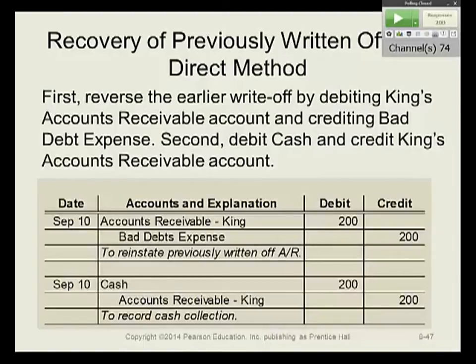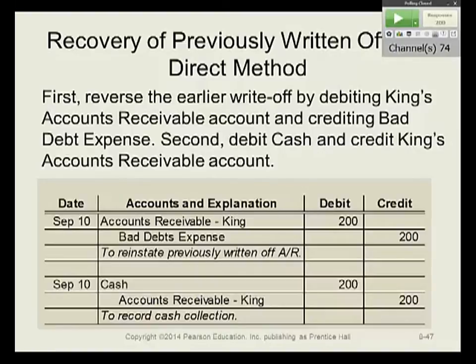It is mismatching. So this bad debt could happen a year later or in the next month. If you're preparing financial statements for August, you had August sales that were higher because of credit, but this bad debt is only recorded in September. So the expense is not in the proper period that the revenues were earned.